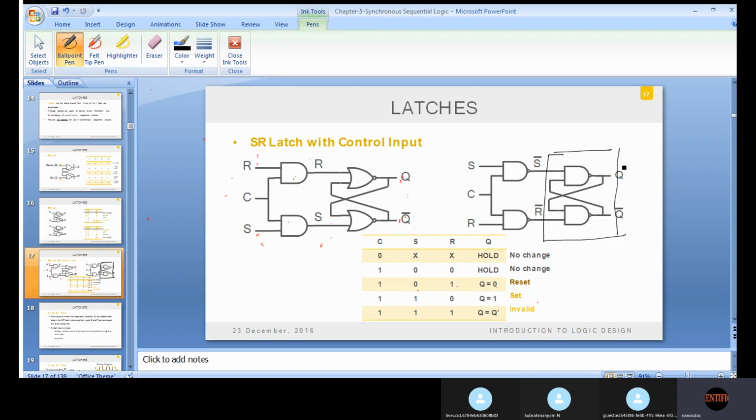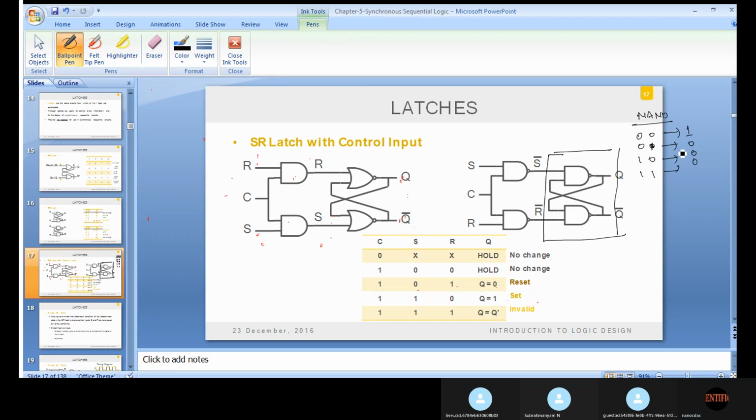So when realizing with NAND gates, look here: for inputs 0 0, 0 1, 1 0, 1 1, what will be the output for the NAND gate? Here you will get 1 1 1 0.